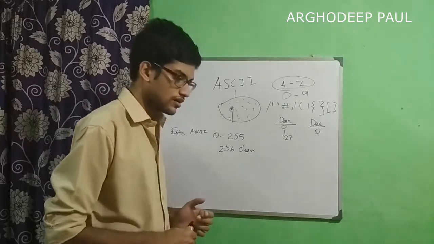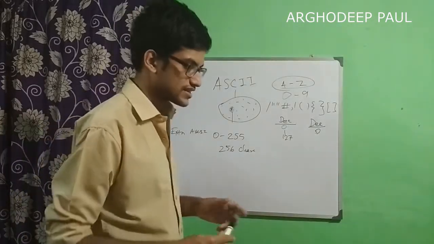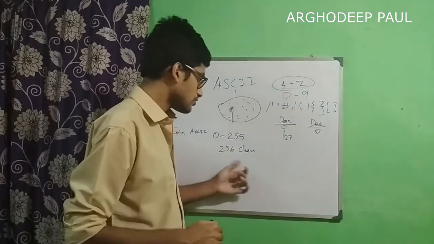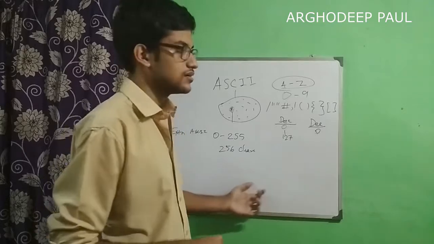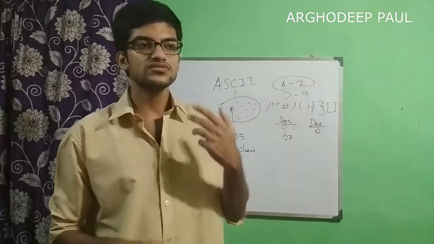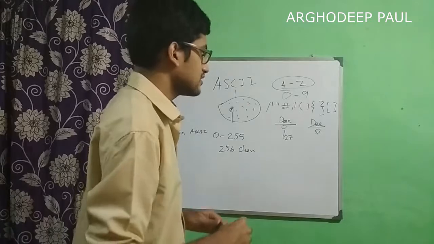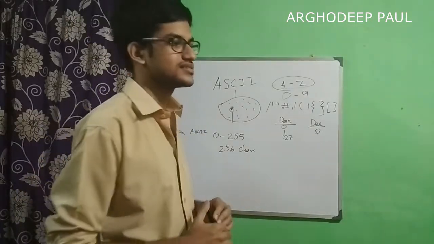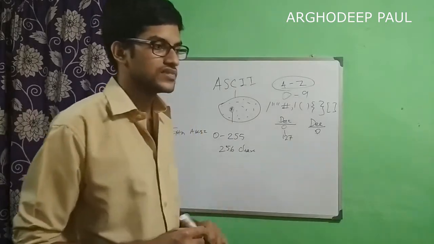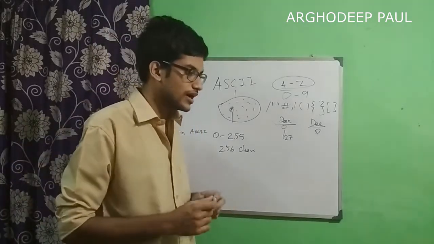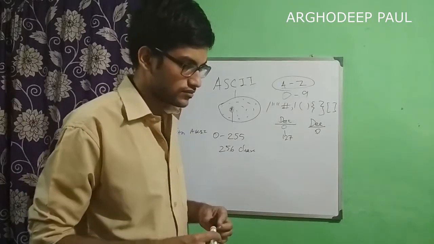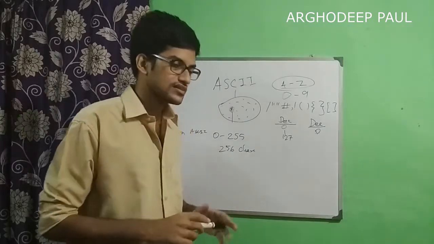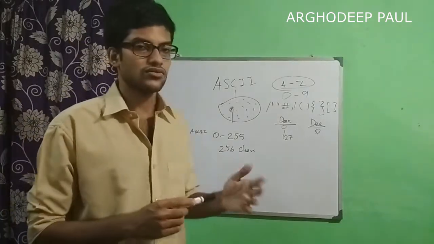Now you can design your own ASCII table, and by doing that you can make use of all of those empty spaces to support your own set of characters. Like if you are Chinese, then in the older days they used this mechanism, where for every country, for every region, they designed the ASCII table as their own.